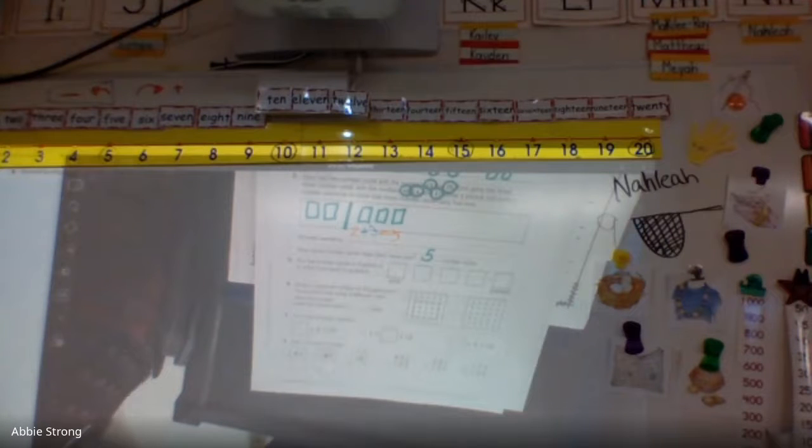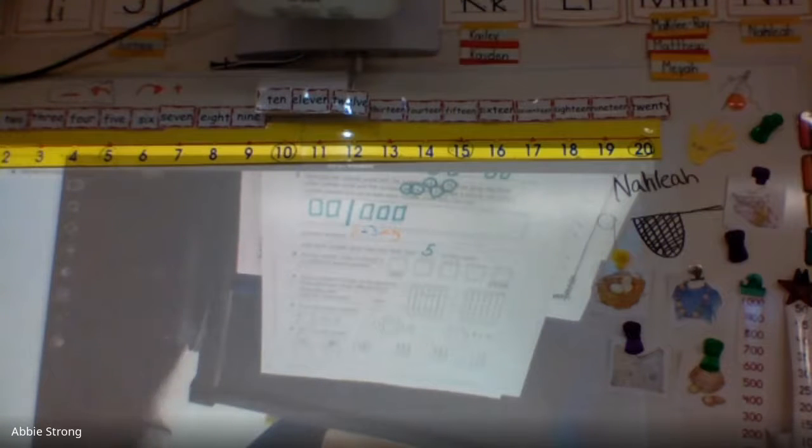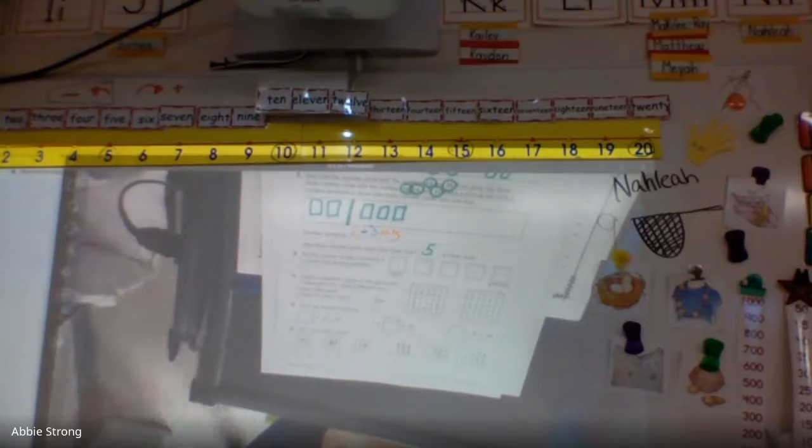It's 13. Kaden, what number is smallest? 13. Because, Delilah, look right here. 13 is right here. Is there a 25 before it? Or a 42? And 16 is right here.